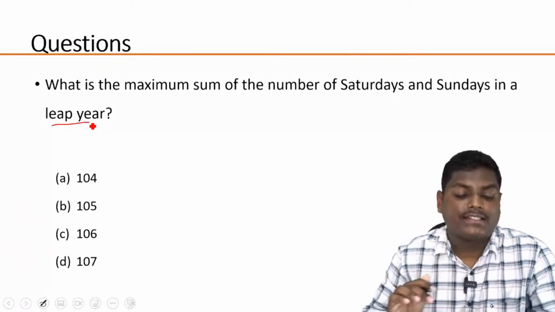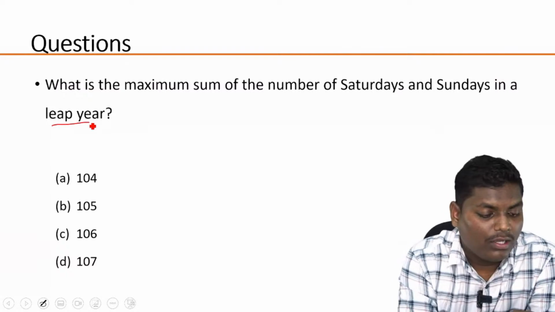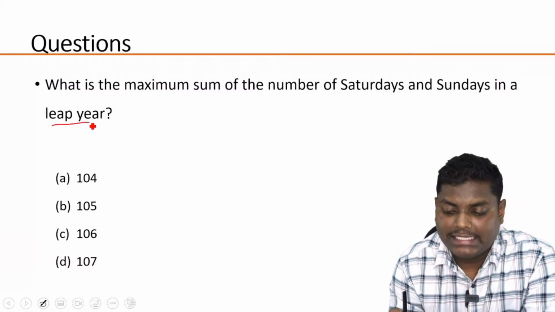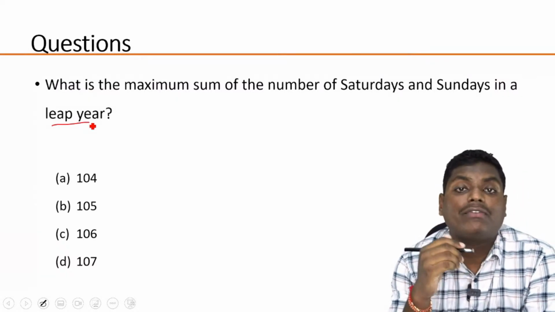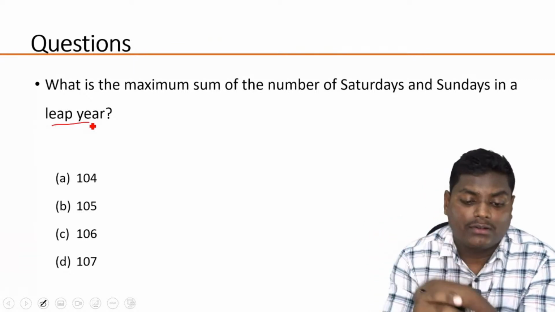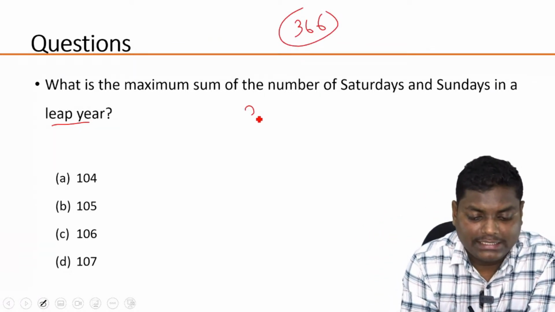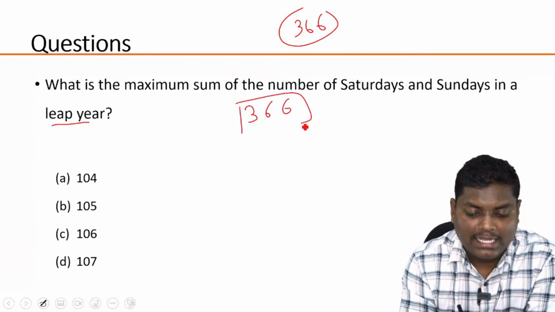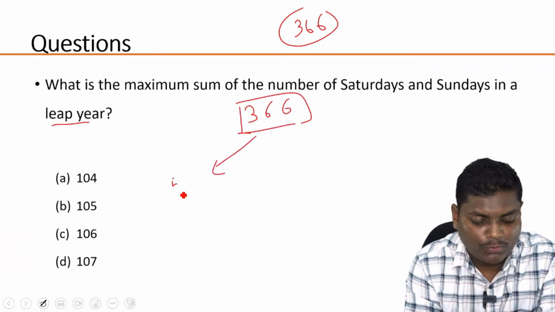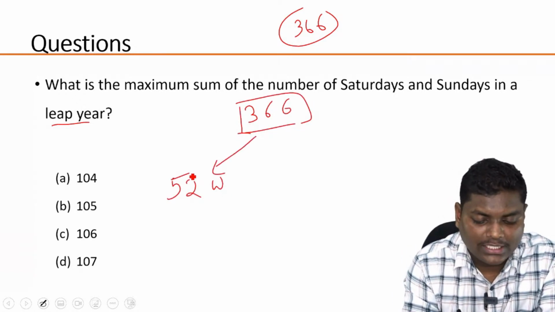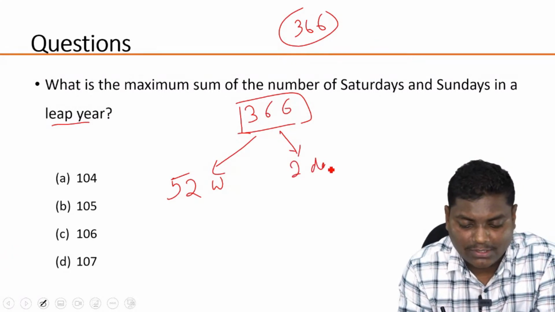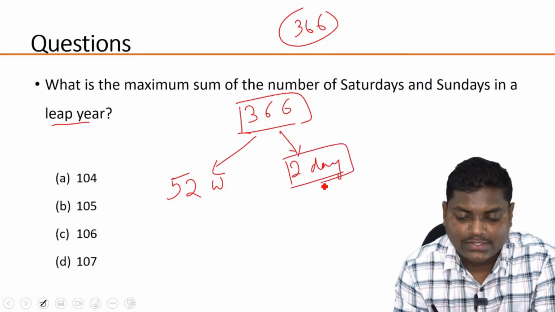So let's try and understand this. What is the maximum number of Saturdays and Sundays in a leap year? In a particular leap year, we have 366 days. This 366 days is broken into 52 weeks plus 2 days extra.